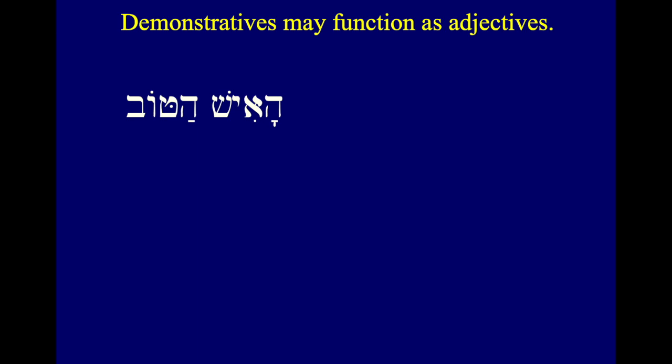Ish meaning man and tov meaning good. Ha-ish, ha-tov. That's our noun here and our adjective here. They both have the definite article. The adjective comes after and agrees in definiteness, so it must be attributive, which means you just stick them together, and that is the good man, or literally in Hebrew, the man, the good one.